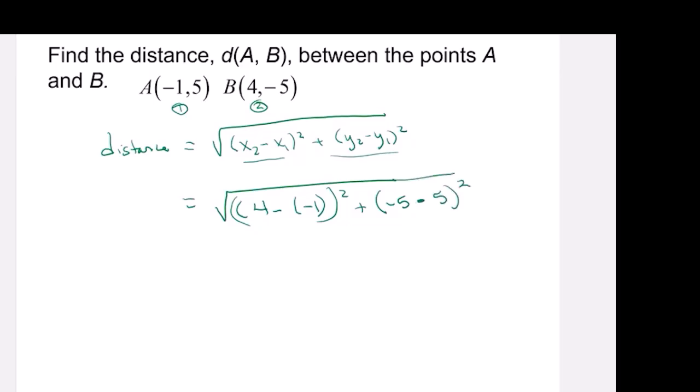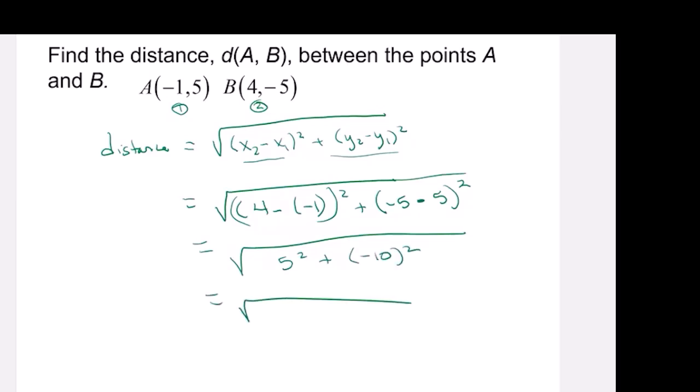I square it. This is equal to the square root. 4 minus -1 is 5. 5 squared plus -10 squared. The square root of 25 plus -10 squared is still +100, which is equal to the square root of 125, which is exactly what I got.